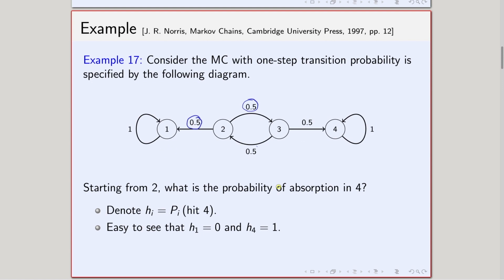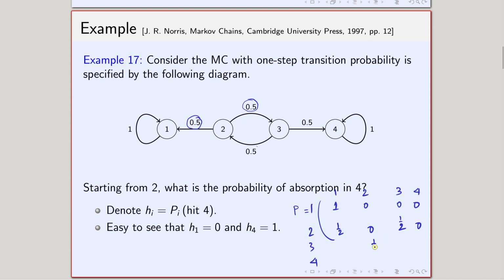Now you can see that I can very easily write the probability matrix from this diagram. I have the states 1, 2, 3, 4 as rows and columns. From 1 to 1 the entry is 1, and the rest are 0, since from 1 I cannot go to any other state in one step. From 2 I can go to 1 and 3 with probability half each, and the rest are 0.